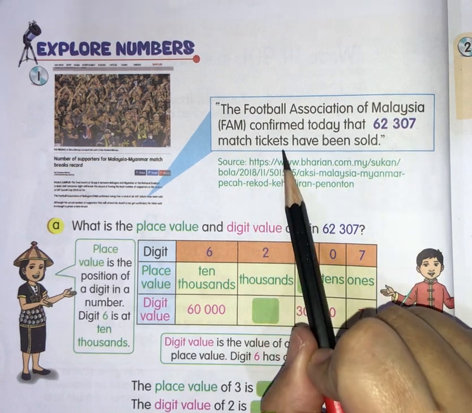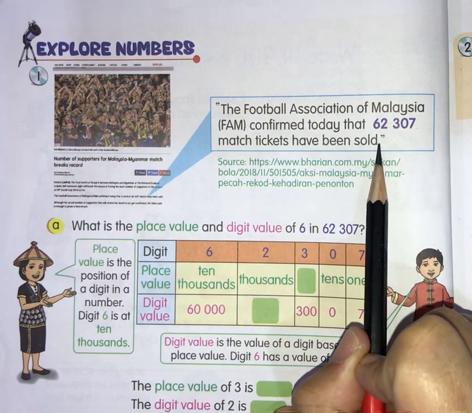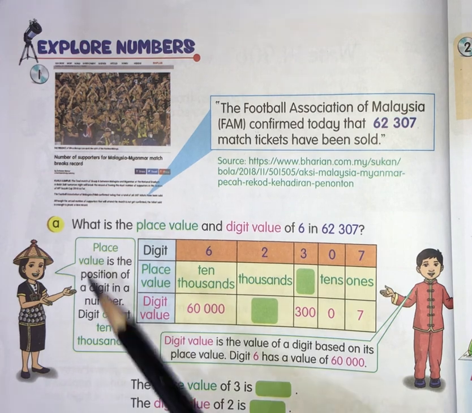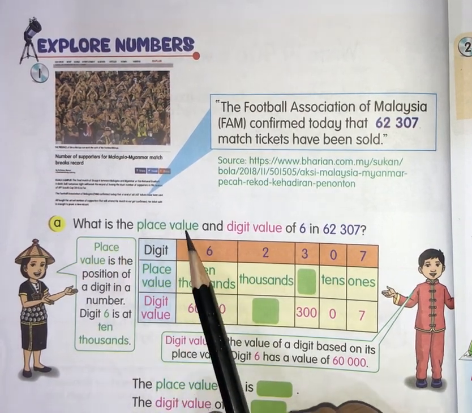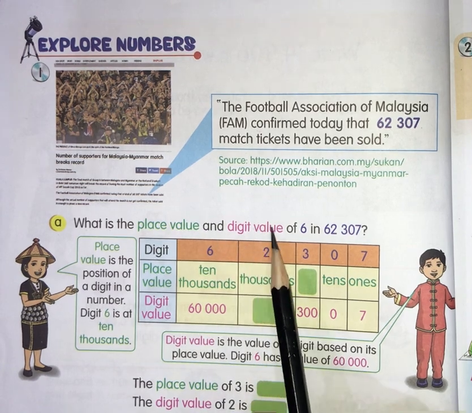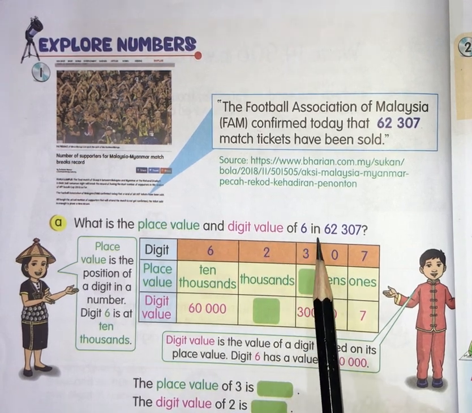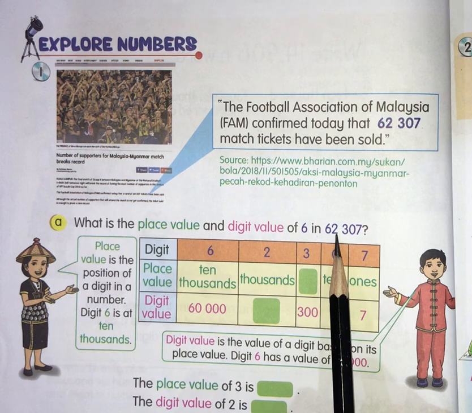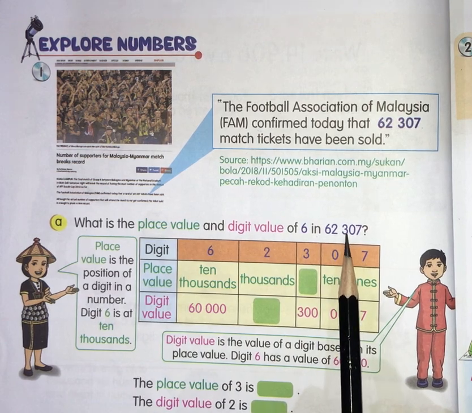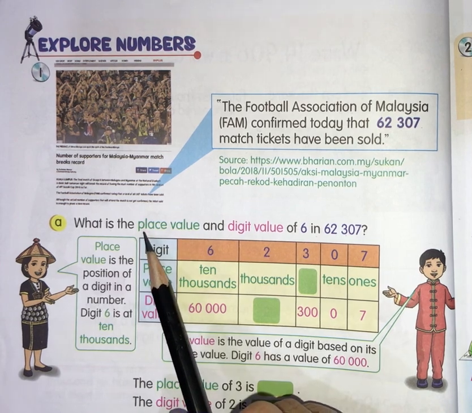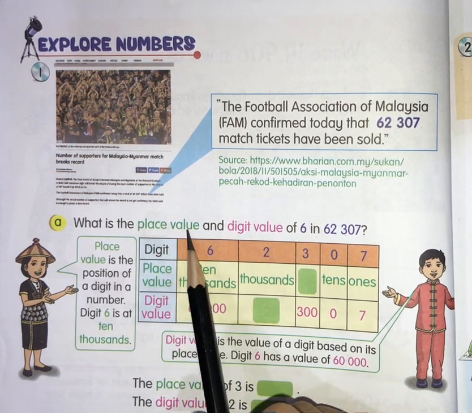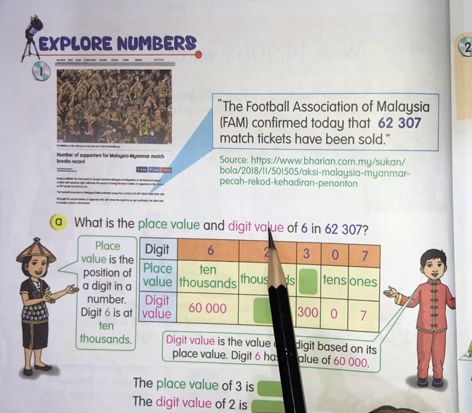Now we look at A. What is the place value and digit value of 6 in 62,307? The question here is asking about place value and digit value.